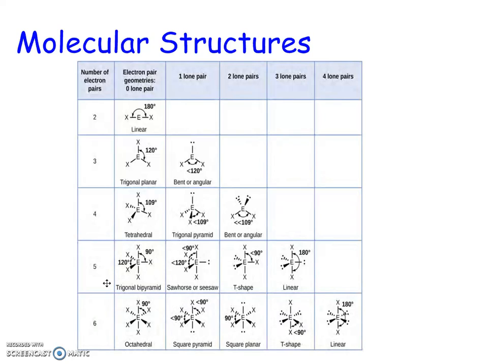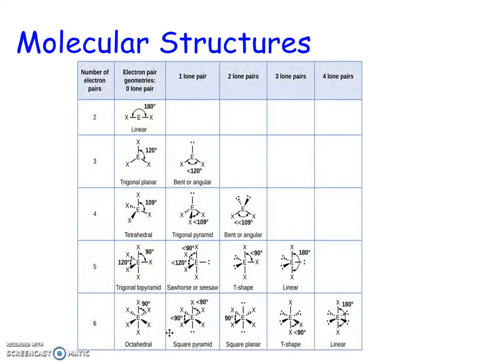With 5, I have trigonal bipyramidal if there are no lone pairs. If there is one lone pair, it's going to be called a sawhorse or a seesaw shape. 2 lone pairs will look like a T, and 3 lone pairs, those lone pairs are always going to be on the equatorial region of the trigonal bipyramid, and so those 2 would be in a straight line.